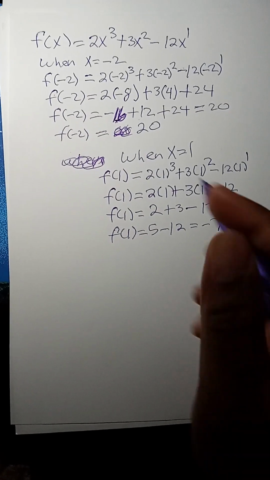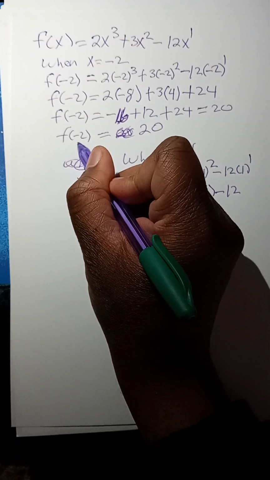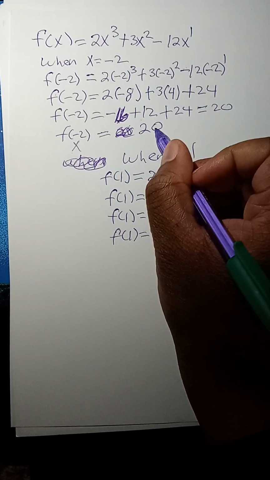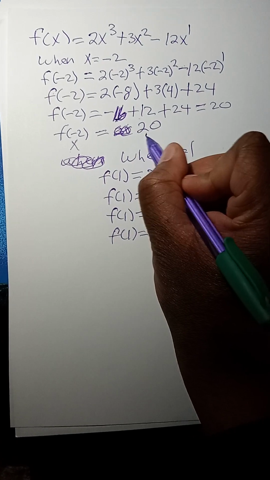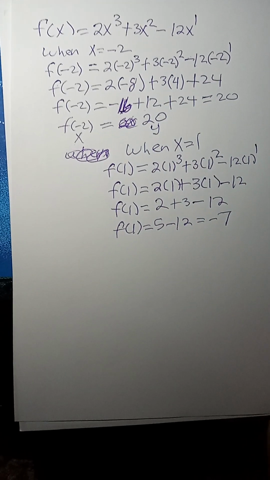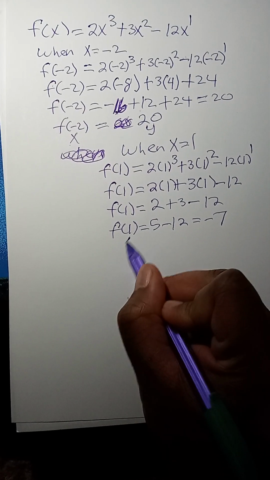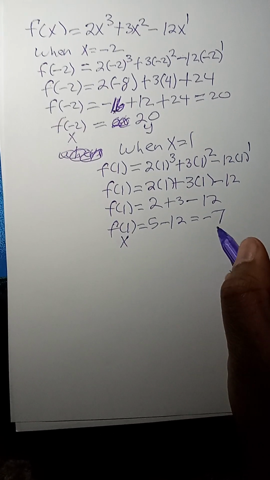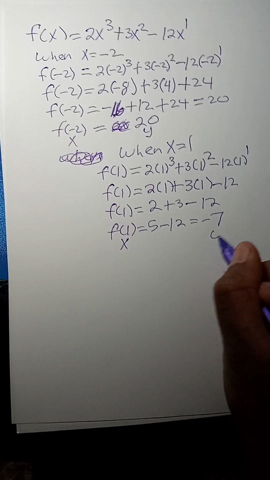So we can tell when x is negative 2, it gives a result of 20 for y, and for f of 1, 1 is the x value, and the result of negative 7 is the y value.